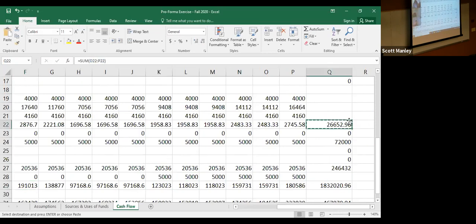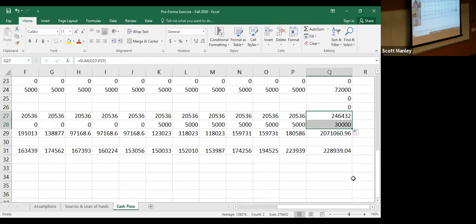I need to make sure that I've got my cells totaled. And I've made changes, right? I need to make sure that these numbers are the same. Again, they need to be exactly the same. The 4-cent difference that you see here is simply rounding, okay?